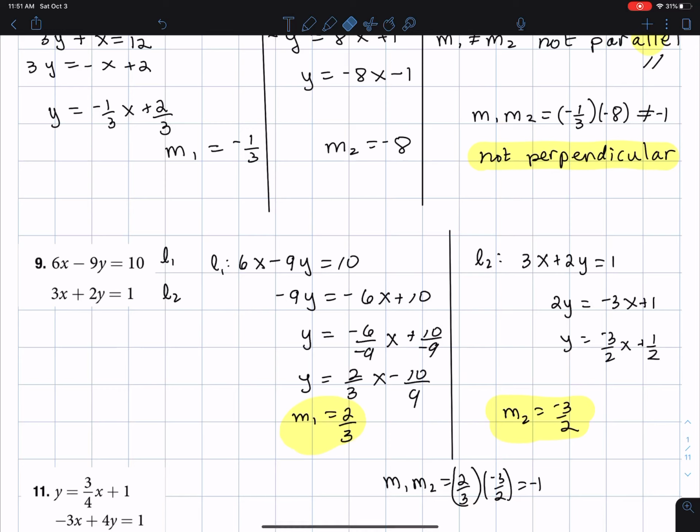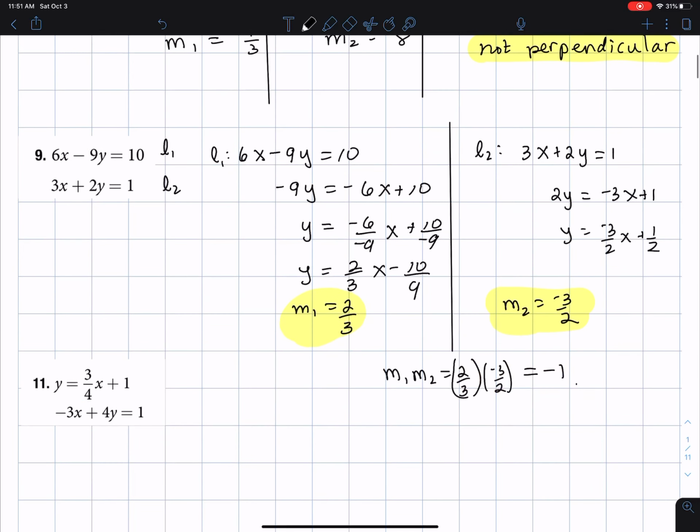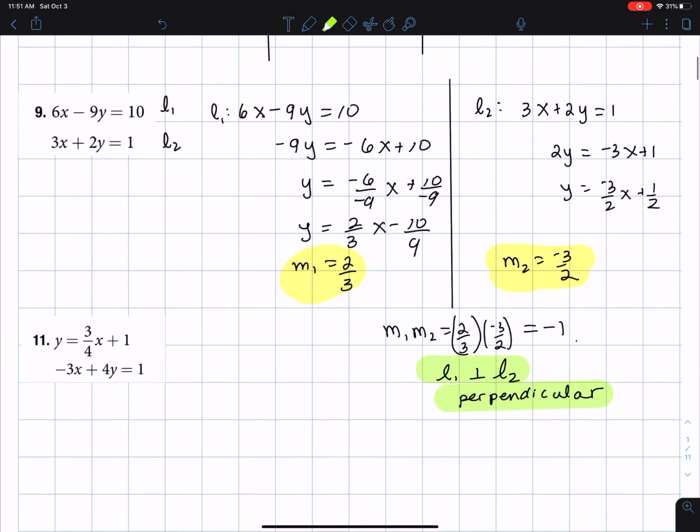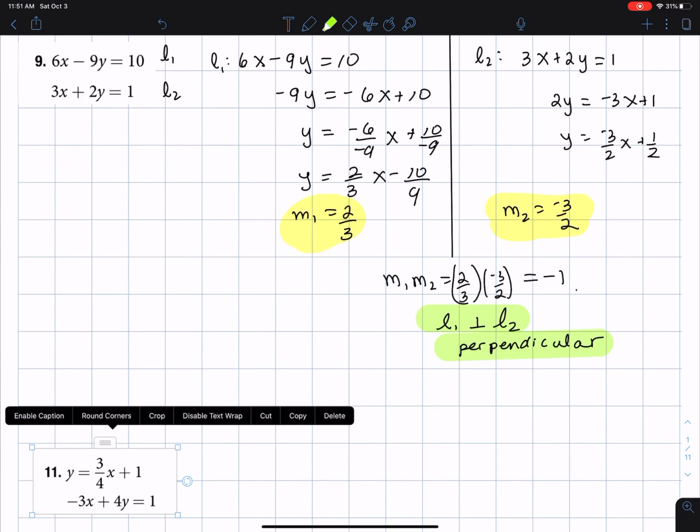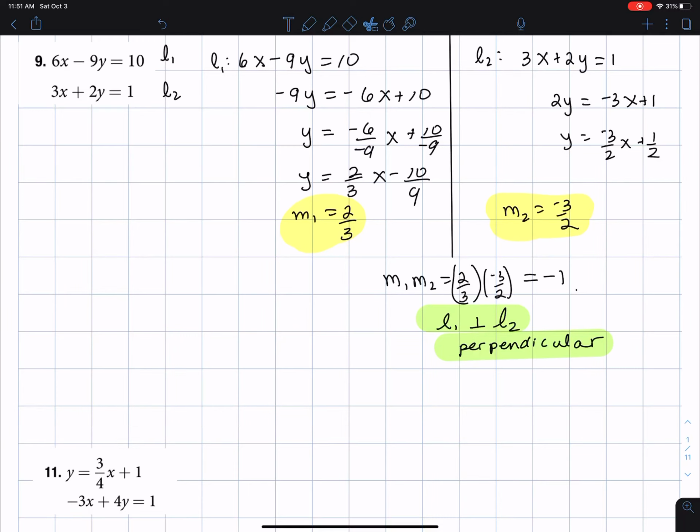And therefore, the two are perpendicular. The way we can write perpendicular is by this upside down T symbol here. It's pretty commonly used to say that the two lines are perpendicular. I said upside down L, but that's an upside down T.